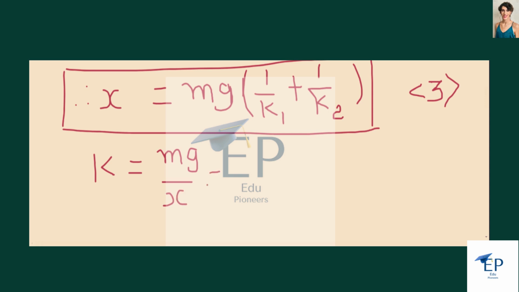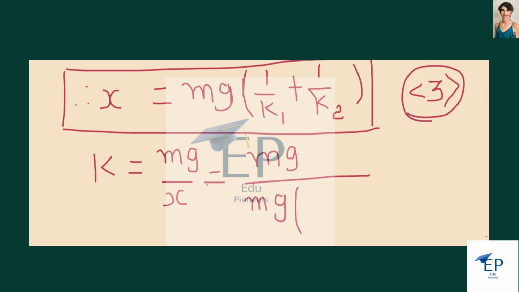But from equation number 3, we know the x. So mg upon, instead of x, I can write this one. So mg times 1 upon k1 plus 1 upon k2.